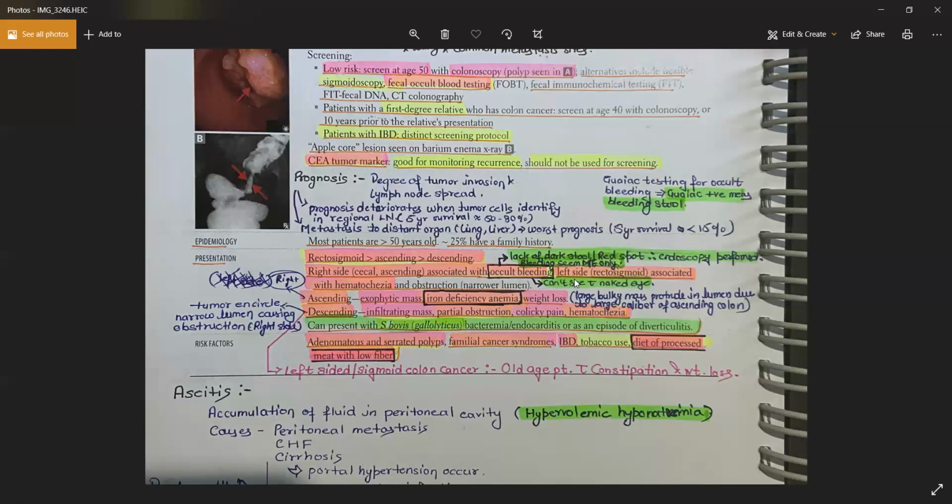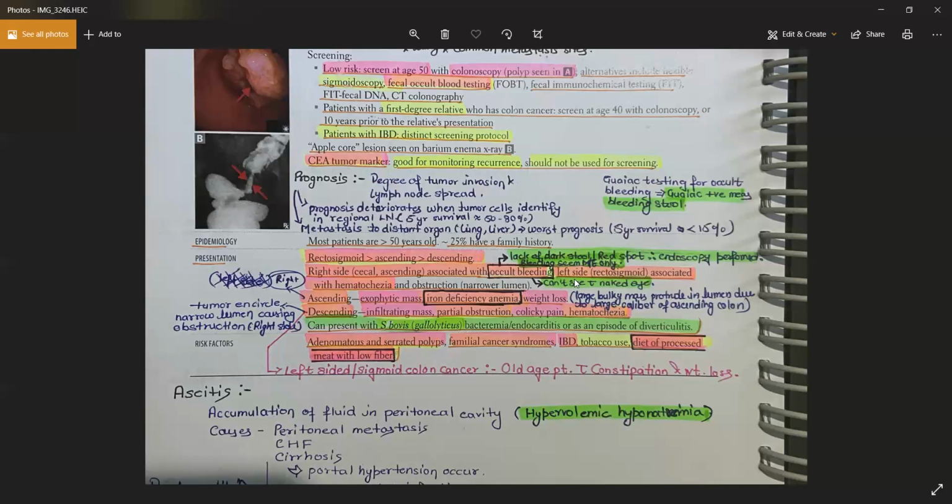And if the cancer is on the left side, which means in the rectosigmoid junction or the descending colon, then you need to know that obstructive symptoms are very common, right? The patient will present with constipation, abdominal distension, nausea, vomiting, along with hematochezia or occult bleeding. So for the right side, the only symptom will be occult bleeding.